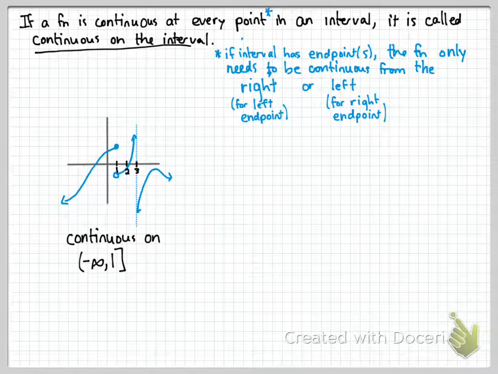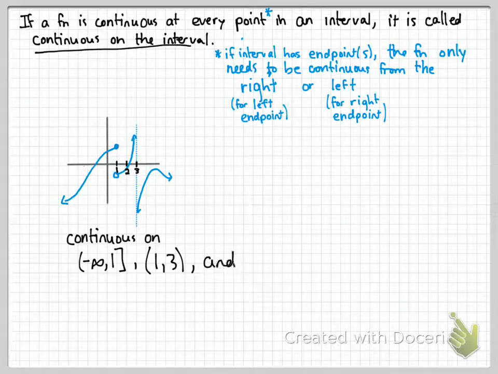And it's actually continuous at 1, because as you come along headed towards 1, you get to where you're heading. It's also continuous between 1 and 3, but not at 1, because you don't actually get where you're heading at 1 from the right, and not at 3, because you don't get anywhere, you shoot up to infinity. And it's continuous from 3 to infinity, not including 3 again, because it's not continuous from the right at 3.